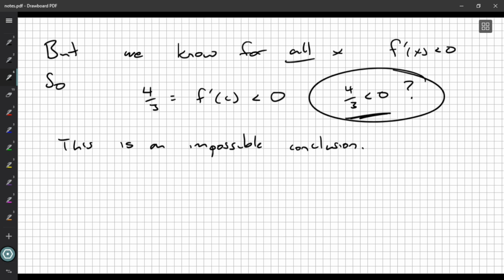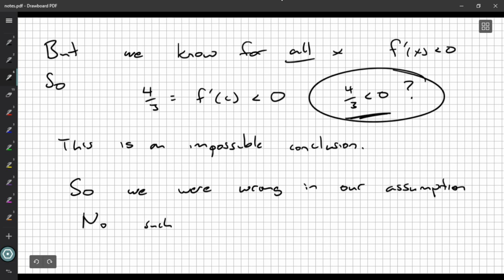Now, we only made one assumption. We suppose that such a function exists. So we were wrong in our assumption. No such function can exist. And so the answer to the question is no.